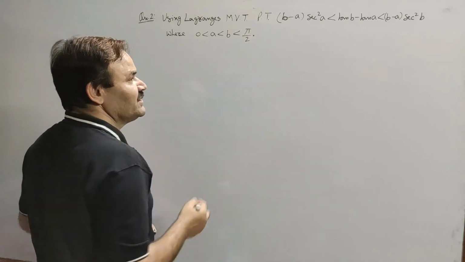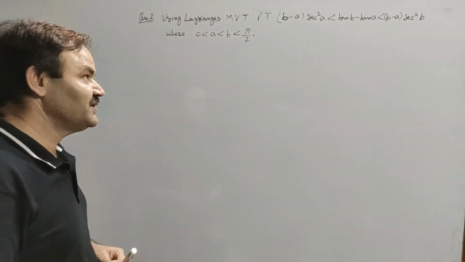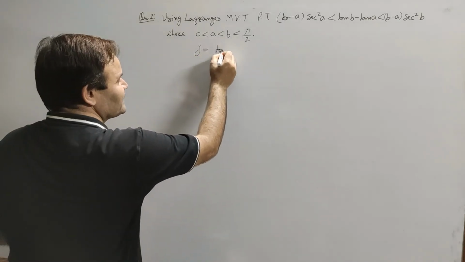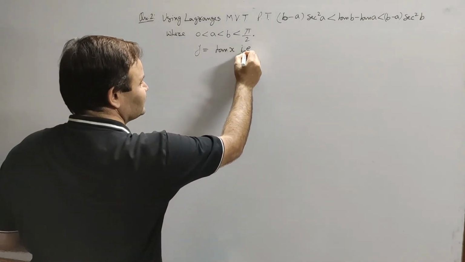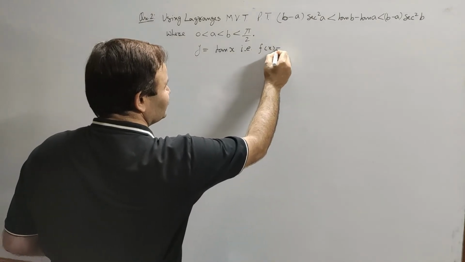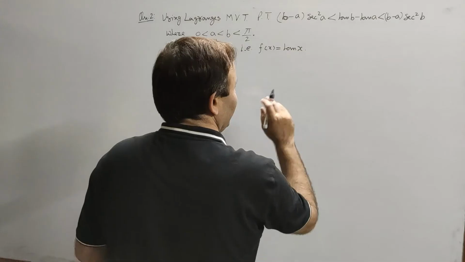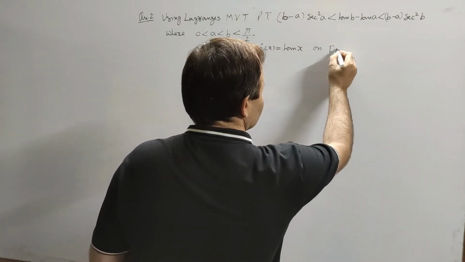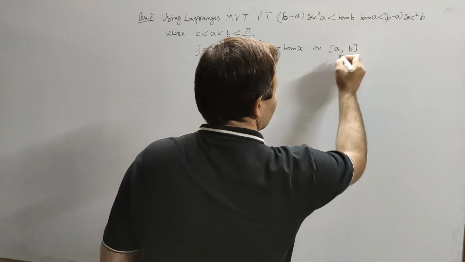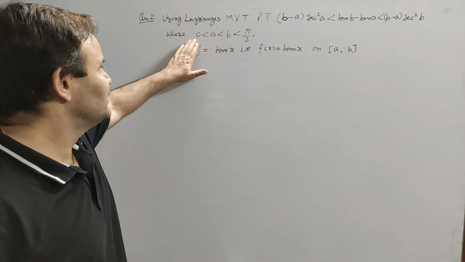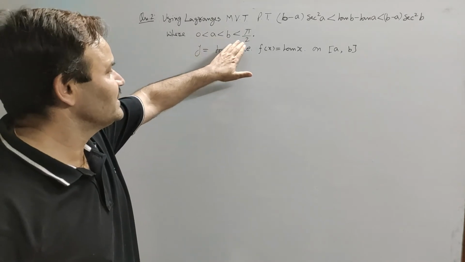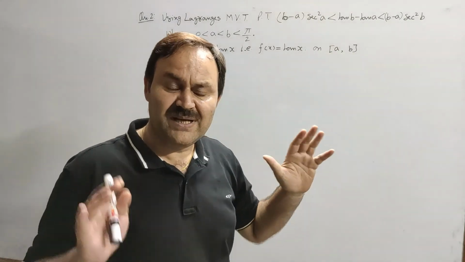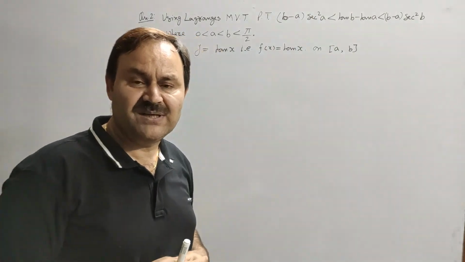Here we will take the function y is equal to tan x, that is f x is equal to tan x, and the interval on which this function is defined is the closed interval a b, where 0 is less than a is less than b is less than pi by 2. It means the values of a and b are lying between 0 and pi by 2.